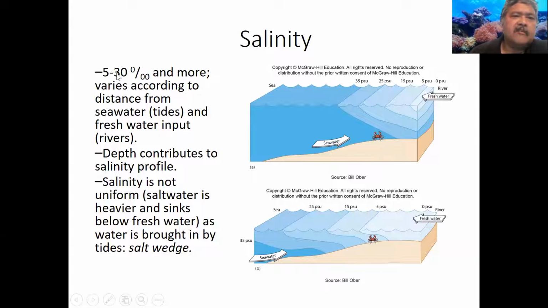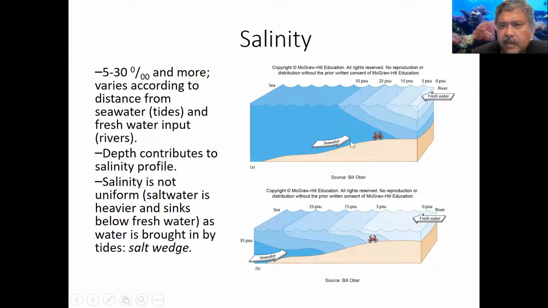So 5 to 30 is the salinity, which is lower than the average salinity of the ocean, which is about 35 plus. And so 35.6, 35.2. So the salinity in the estuary region is markedly less, on the average. And it varies actually in the estuary region itself. And you can see on this graphic, you take a look at this little crab here.